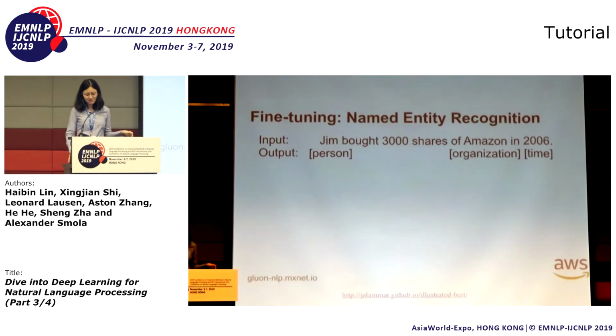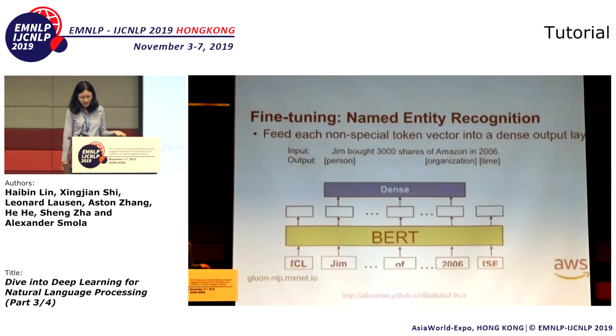This is known as named entity recognition. Instead of aggregating semantic information across the sentence, we would use the embedding at each word and then have a dense layer on top of that to make a prediction at each word position.